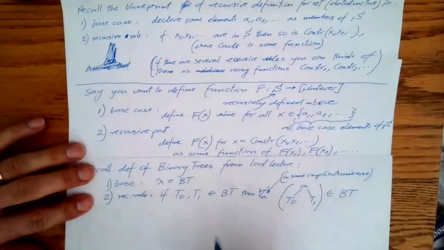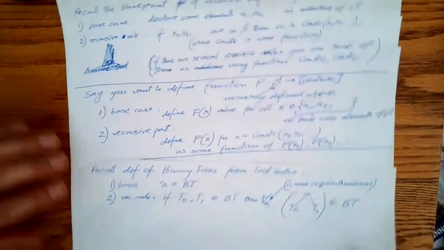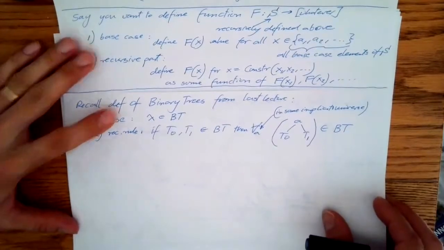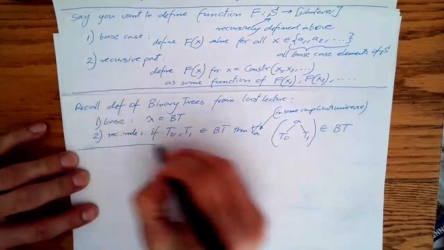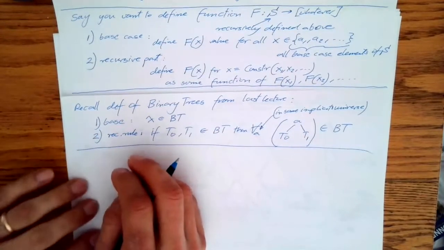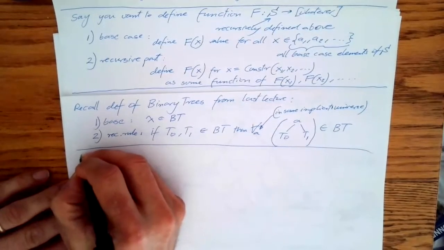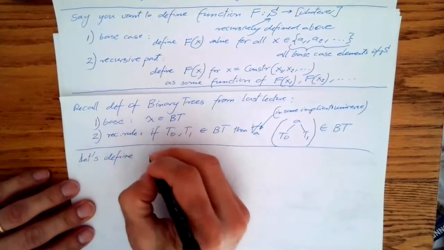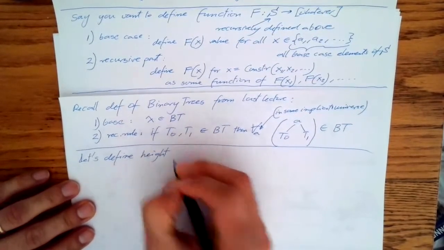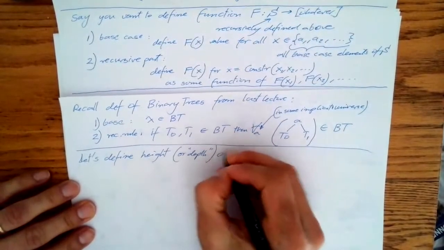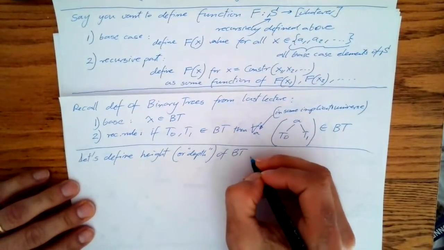So there was our definition, and we looked at what kind of binary trees it constructs last time. Let's now define something for it. What did I want to define? Height. So let's define height of a binary tree.